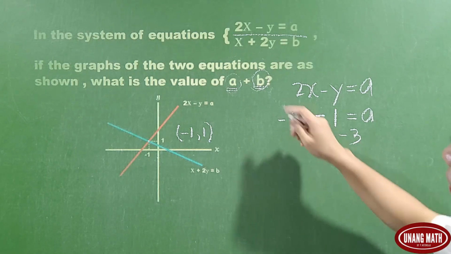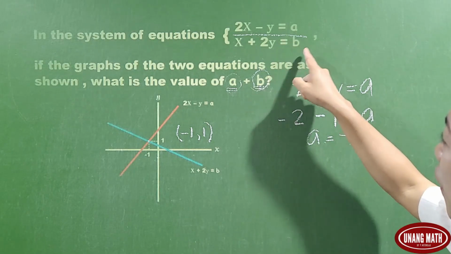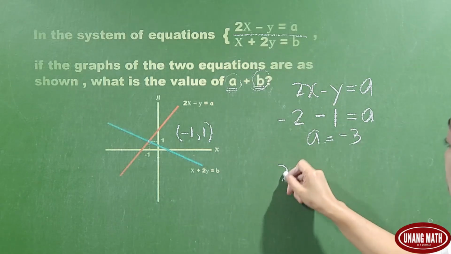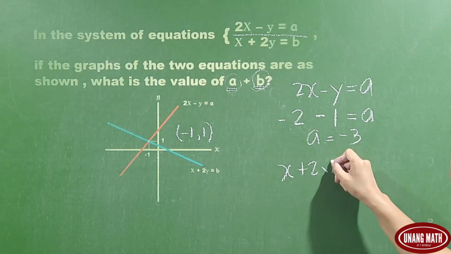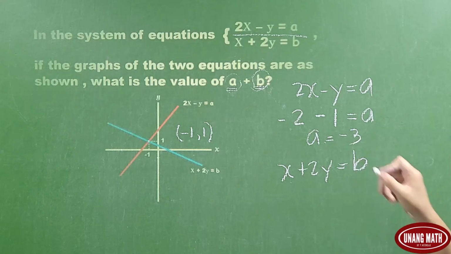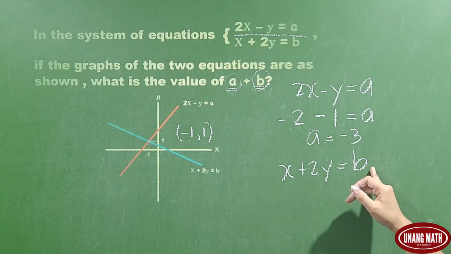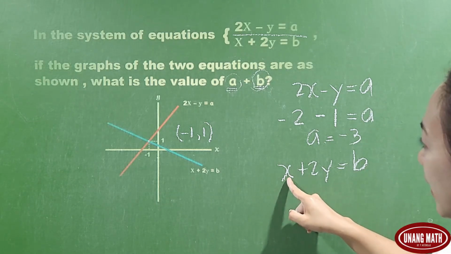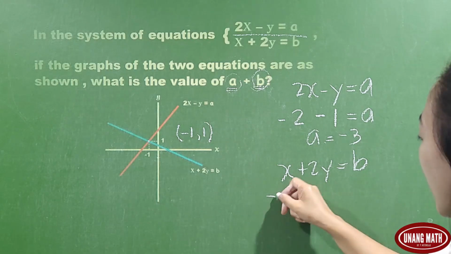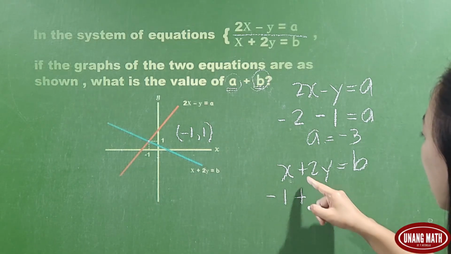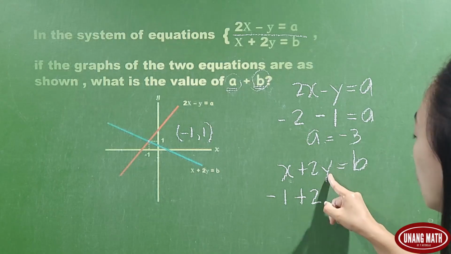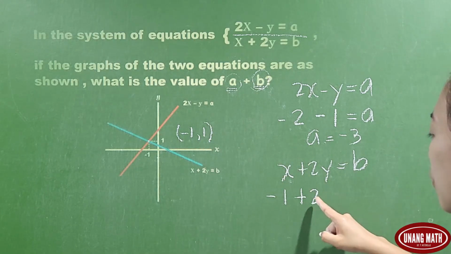Okay, now, how about the value of b? So let's get the equation x plus 2y is equal to b. Okay, x is negative 1 plus, we have here 2y is 1. So 2 times 1 is 2.